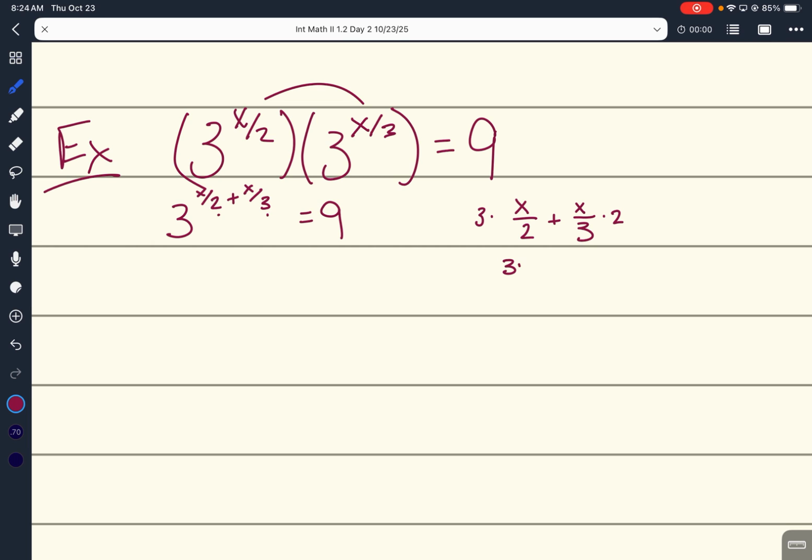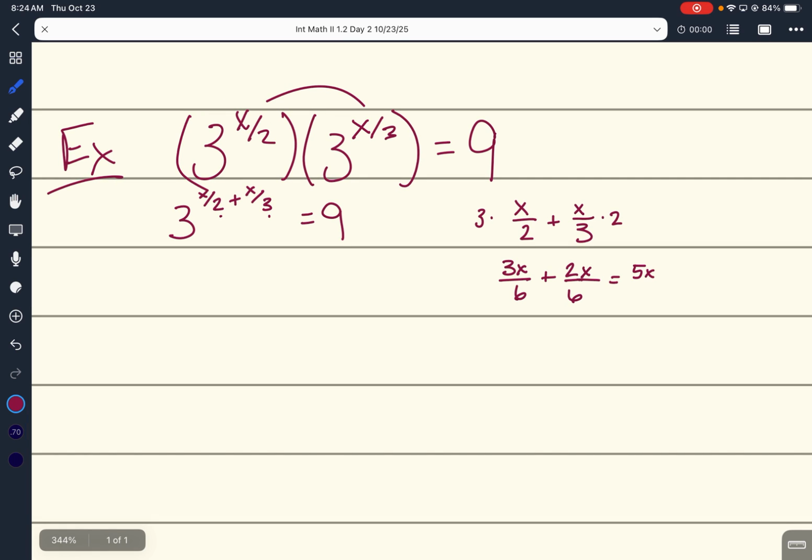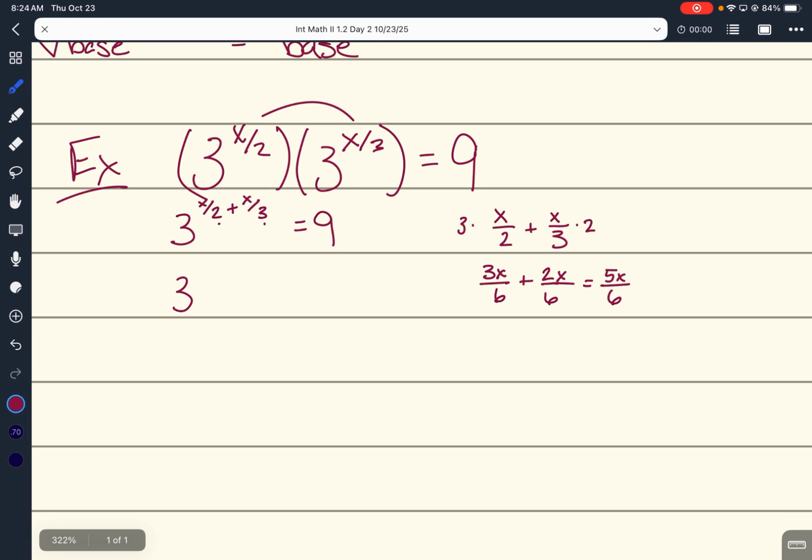That gives me 3x over 6 plus 2x over 6. So 3x plus 2x is 5x over 6. So now I have 3 to the 5x over 6 equals 9.